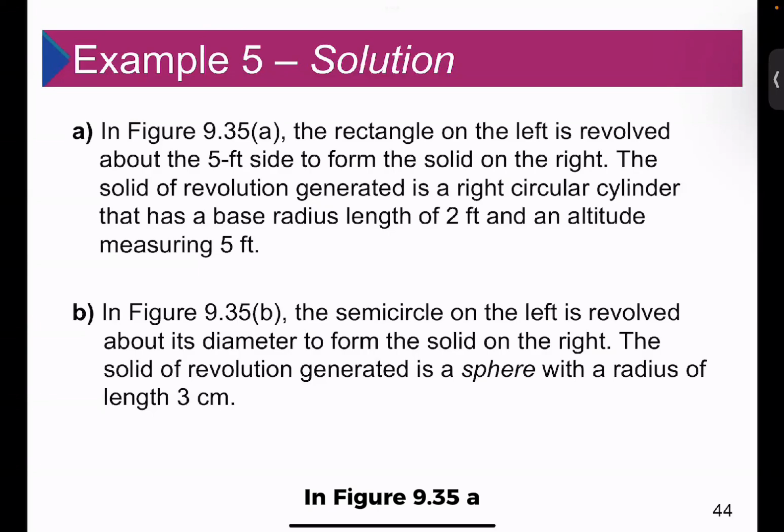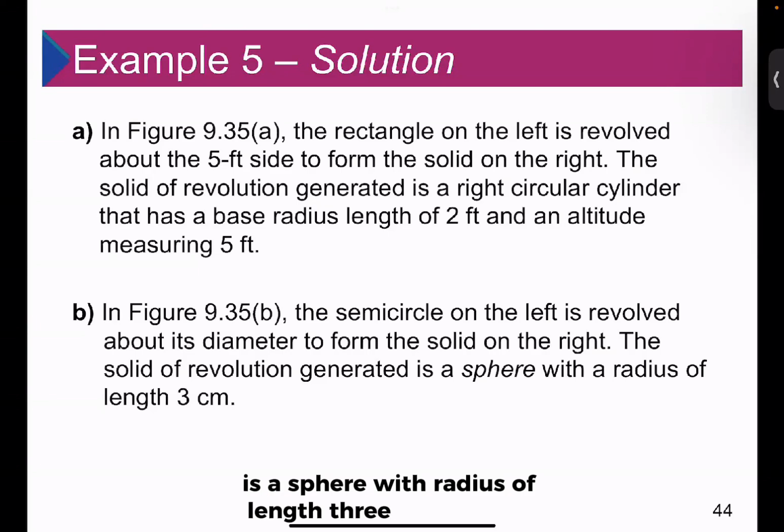In figure 9.35b, the semicircle on the left is revolved about its diameter to form the solid on the right. The solid of revolution generated is a sphere with radius of length 3 centimeters.